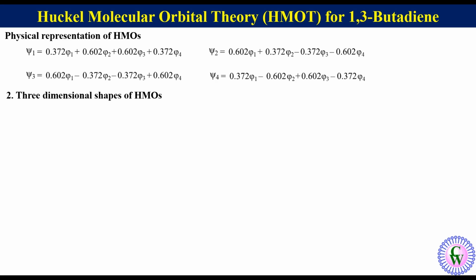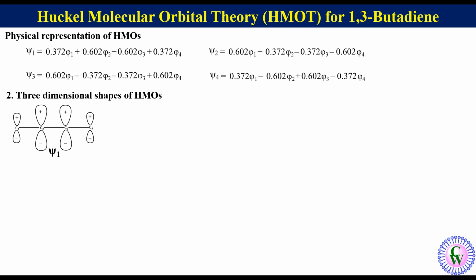If we first consider psi 1, we can show the 4 pz atomic orbitals involved in its formation like this, where the positive lobes of each pz atomic orbital are above the plane containing C1, C2, C3 and C4 atoms, while the negative lobes are below that plane. This is because all the coefficients, A1, A2, A3 and A4, are positive.